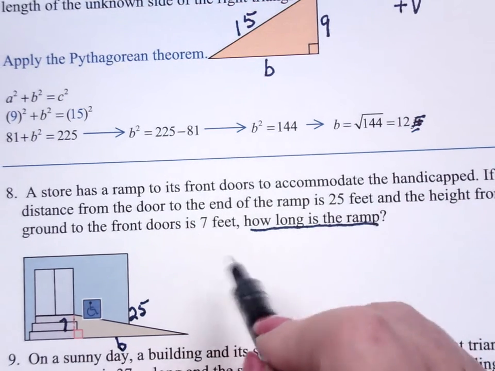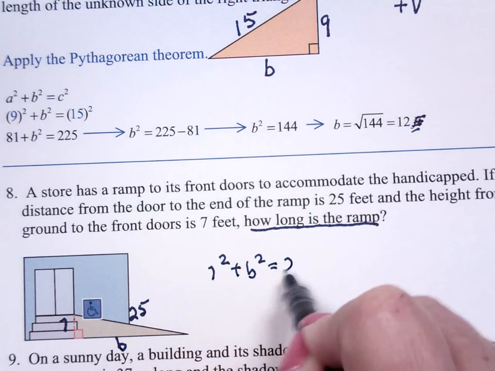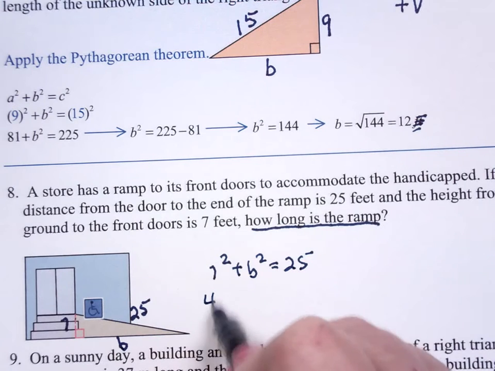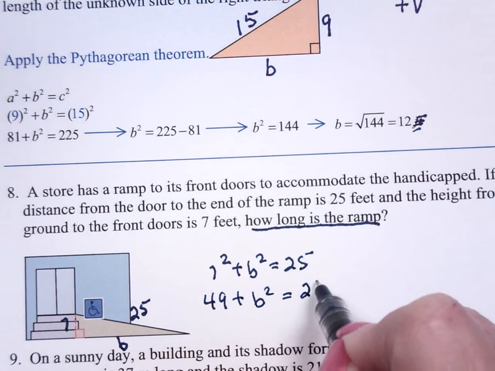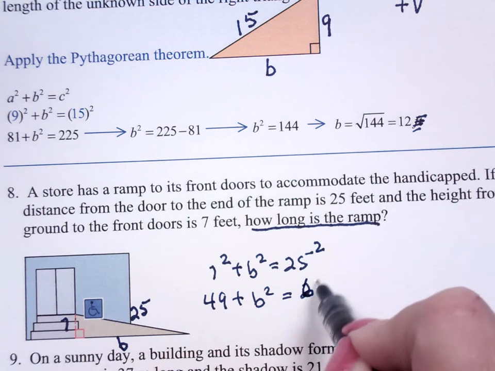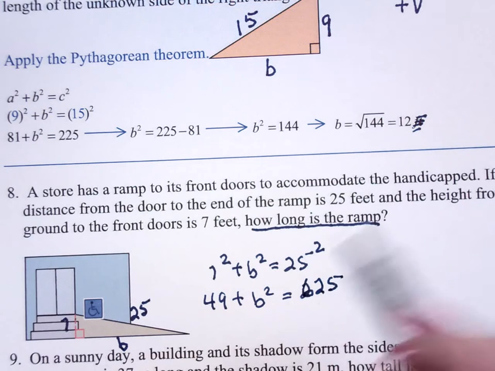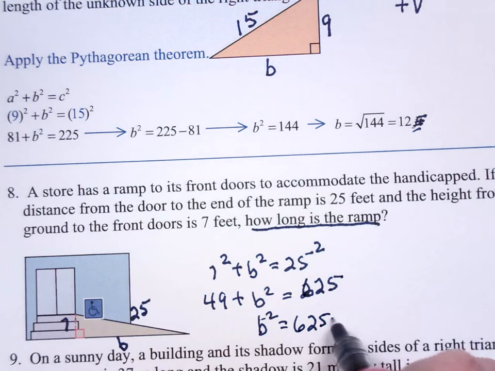So this then says that 7 squared plus b squared equals 25 squared. 49 plus b squared equals 625. B squared equals 625 minus 49.